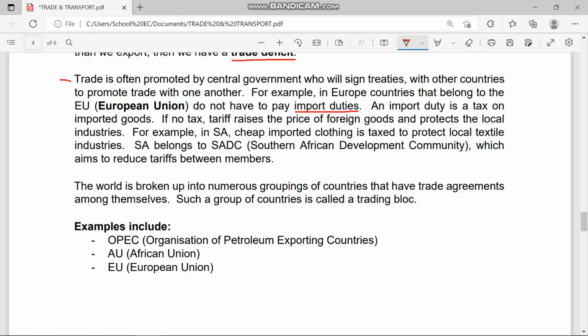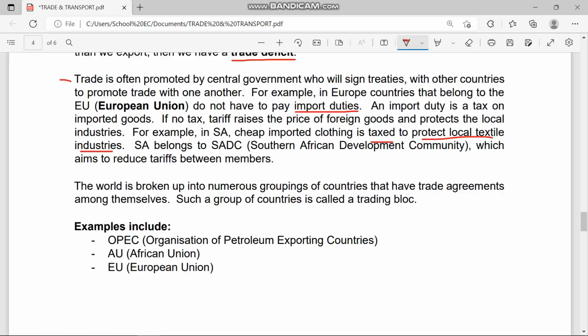The tariff raises the price of foreign goods and protects the local industries. For example, in South Africa, cheap imported clothing is taxed to protect local textile industries.